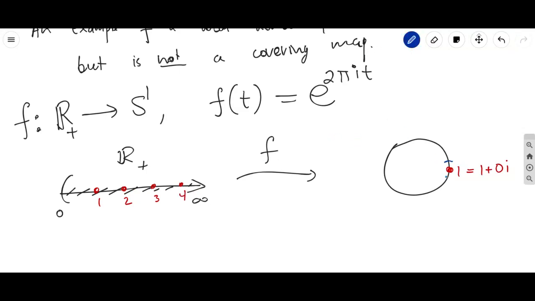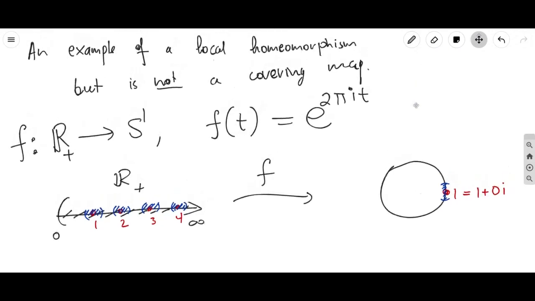And now if you have a small enough open arc, then when you pull back that small open arc, you have these pieces. Okay, and all of these pieces are being mapped homeomorphically onto that piece.